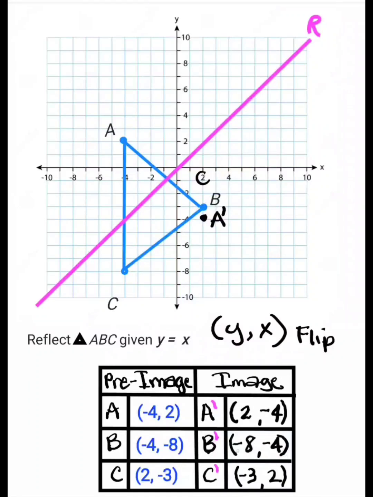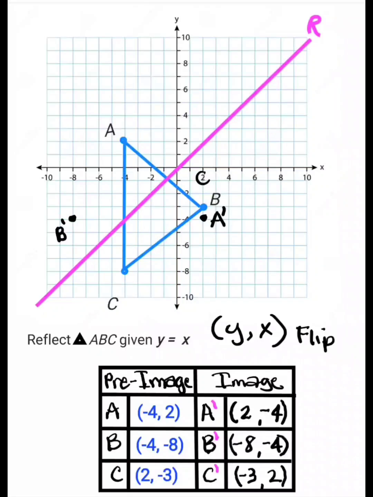Now, let's do B. -8, -4. So we have -8, -4. So that meets right here. Okay, and that is your B. Now, let's do C. -3, +2.